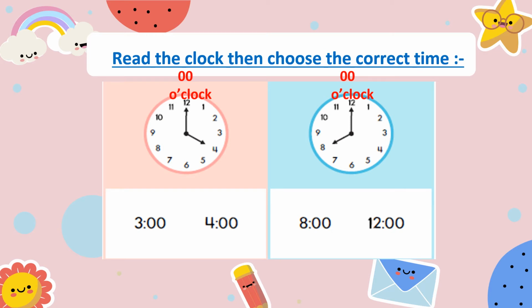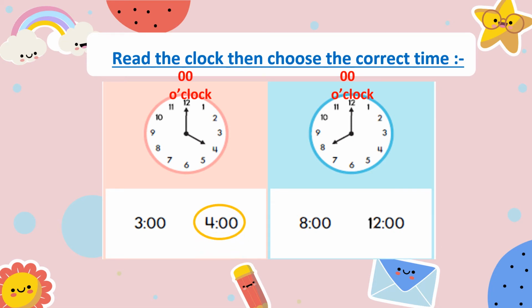So in digital form, I have hours and minutes. So in hours, the short hand points to 4. So 4 in hours. The long hand in minutes points to 12. Do I say 12 in digital form? No, I say 00. So in hours I put 4, in minutes I put 00.